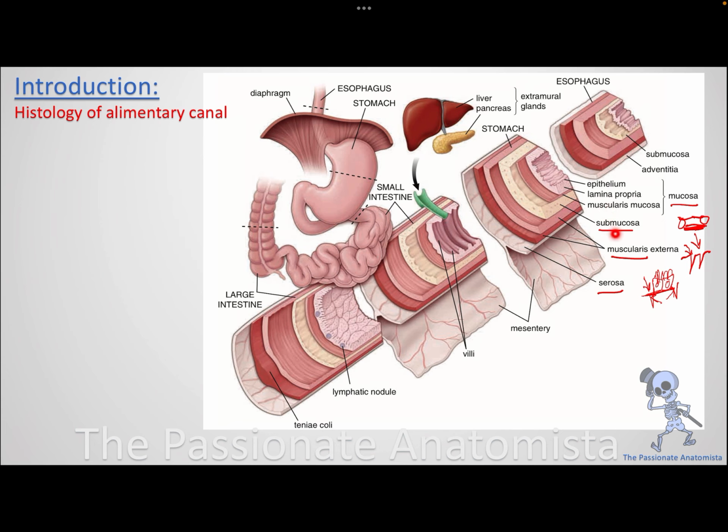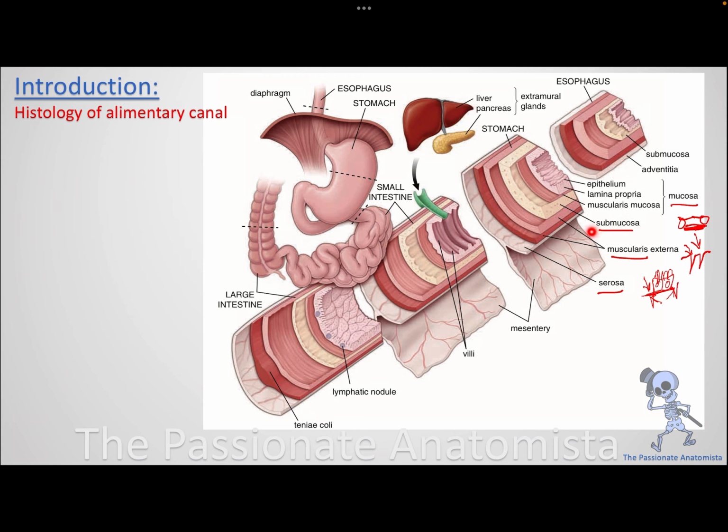Now, followed by the submucosa. The submucosa is important because this is connective tissue, and you know that as basic components of histology, we have four basic types of tissue: epithelial tissue, connective tissue, muscle tissue, and nervous tissue. Now, as I'm moving from one type to another, I need to have connective tissue that connects all the basic tissues together to give me the organ. So if I have epithelium and I want to move on to another type of tissue, which is a muscular layer, I need a layer of connective tissue.